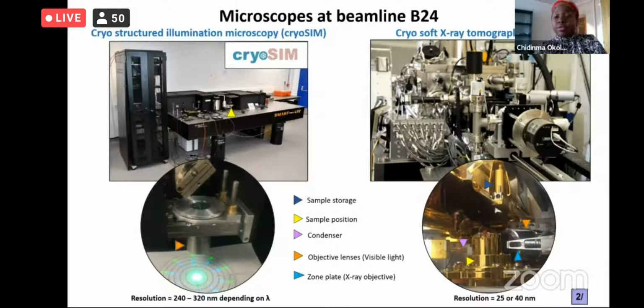But with cryo soft X-ray tomography, we image these cells in their near-native state at the water window, where we're able to get natural contrast based on the differential absorption of X-rays by different carbon-rich contents of the cell. And I'll explain this later.